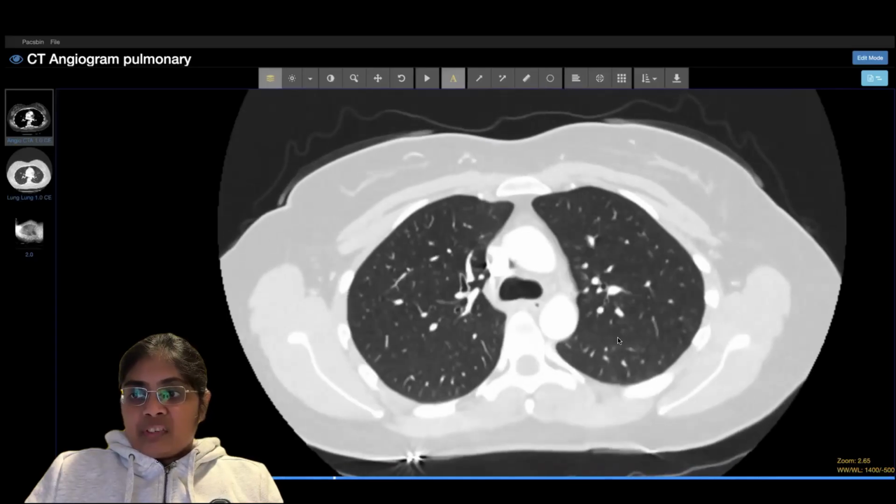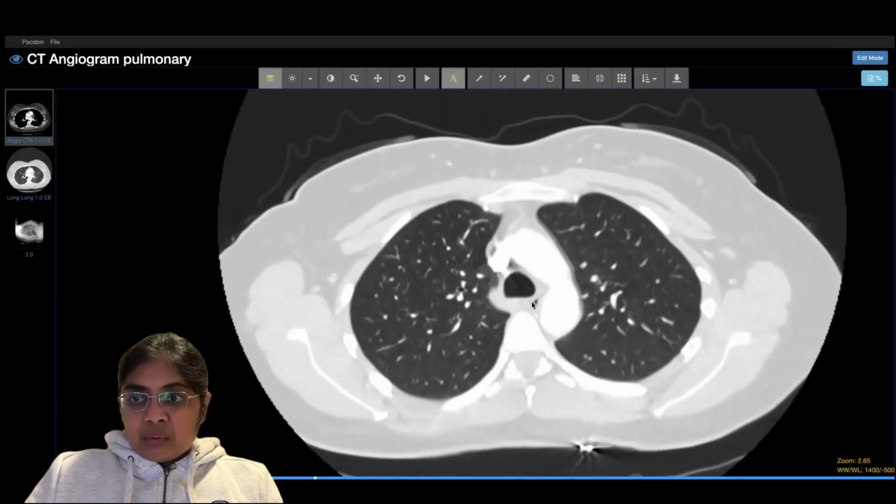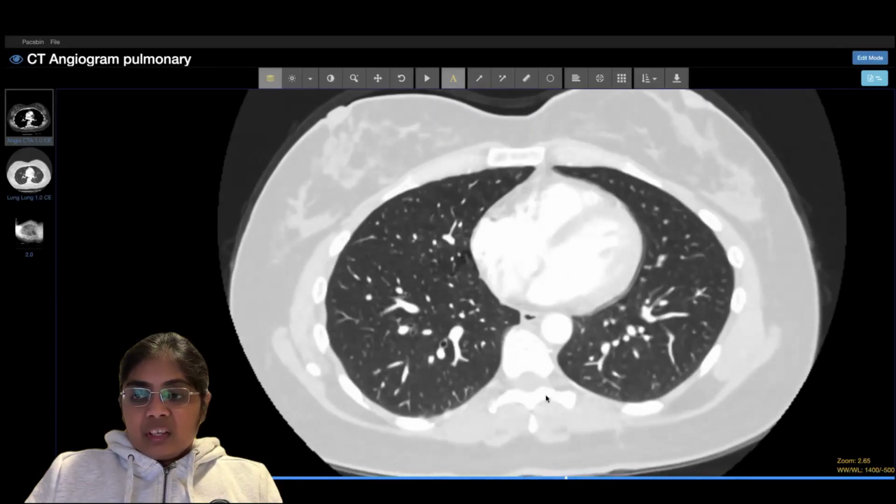What's worth noticing is that you can see here the oblique fissures, and you can see that the lower lobes of the lungs extend quite superiorly. It's just making a note of that.